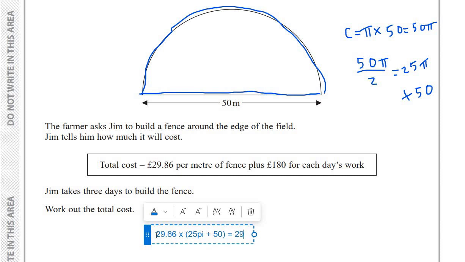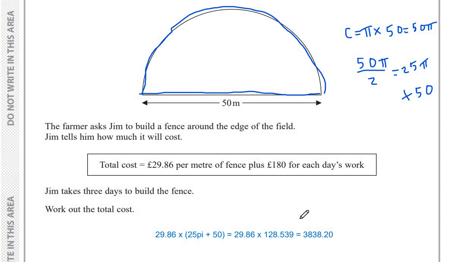So that is going to be 29.86 times 128.539. Okay. And that gives us, well, actually it's a lot more, 3,838.20 pounds will be the cost of the fence.